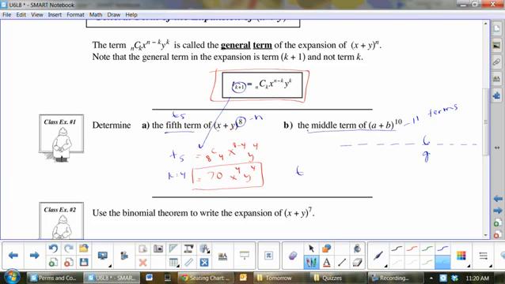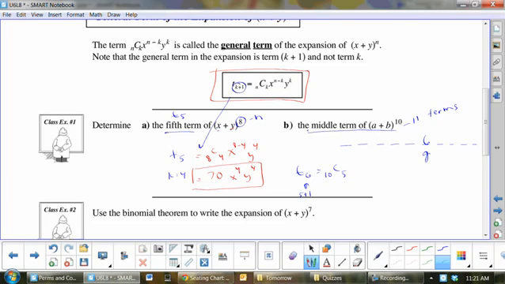So I'm looking for T6 equals, okay, what is n? 10, right? 10C, I need k now. k is 5. How's everybody getting 5? Because this is k plus 1, right? So k is 5. And now we're changing things up a bit.